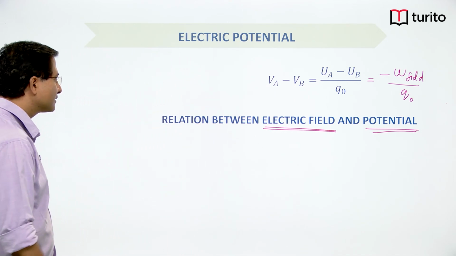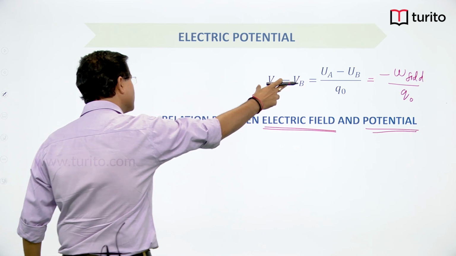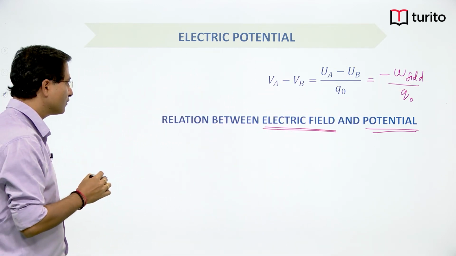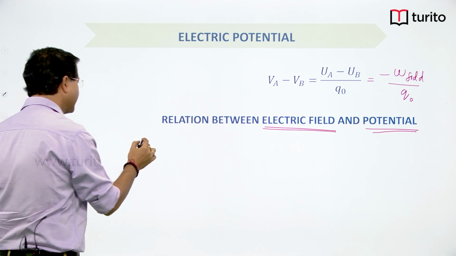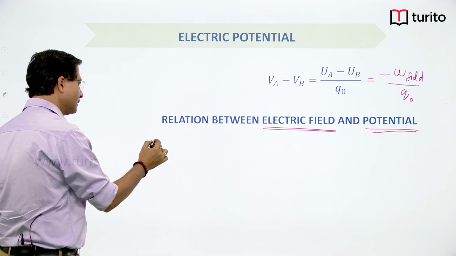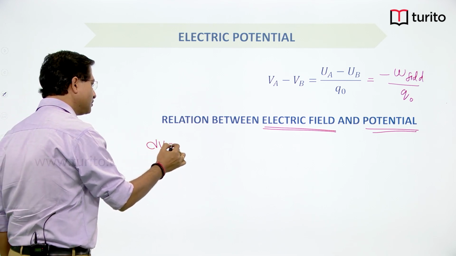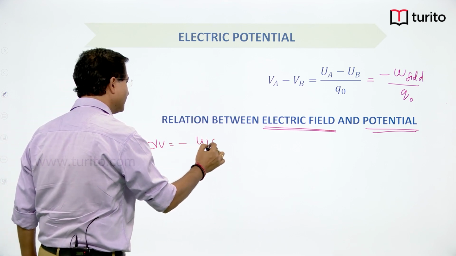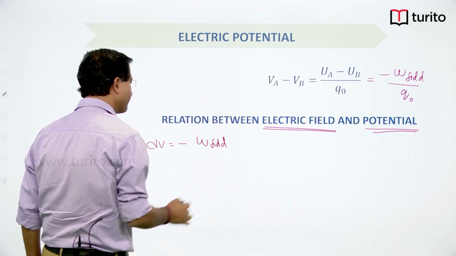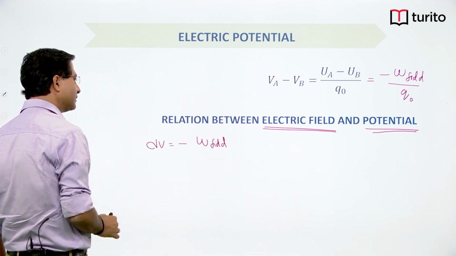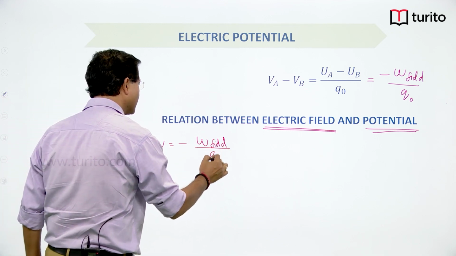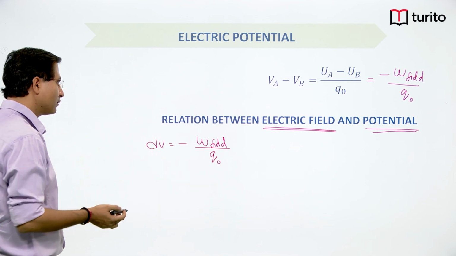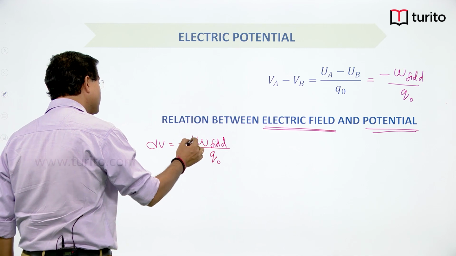So, if I use this definition, what I told, generally we will be using that definition, then I can write dV is equal to minus work done by field, right. So, when you are moving from point A to B, whatever work field is doing.